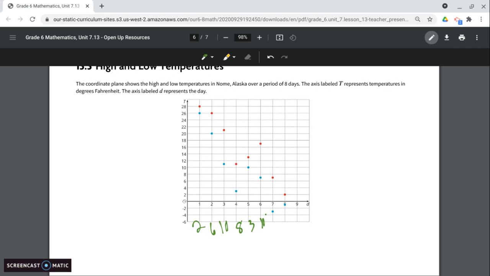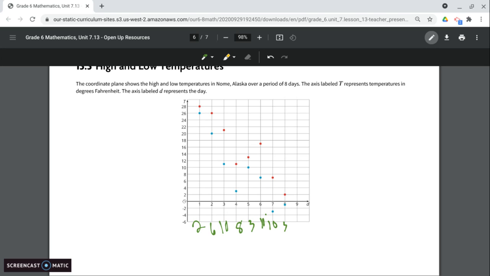On 7, we have a 10-degree difference as well, if I just counted that right. Let's see. 2, 4, 6, 8, 9, and 10. Yep. On day 8, we've got a 3-degree difference.